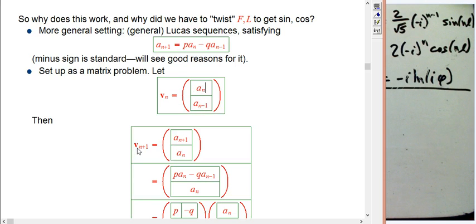Okay, so what does this rule translate to in terms of the vectors? It says V sub n plus 1. Okay, that's just going to be a sub n plus 1, a sub n, just increment each of the indices. Now the rule says a sub n plus 1 is determined by a sub n and a sub n minus 1. Well, all of the information here is exactly what is contained in the previous version of the vector, and that's the payoff here, is that this vector has exactly got the information we want.